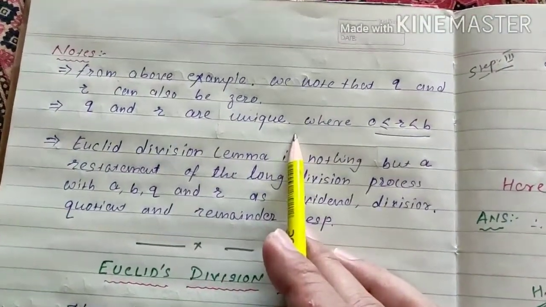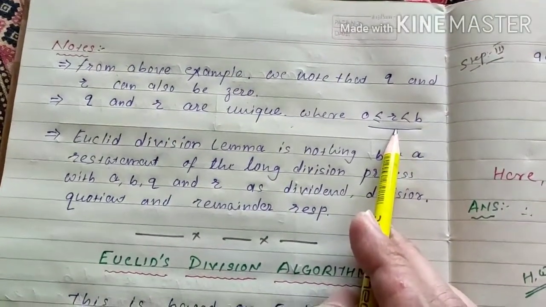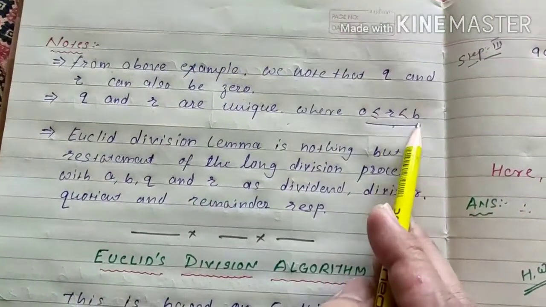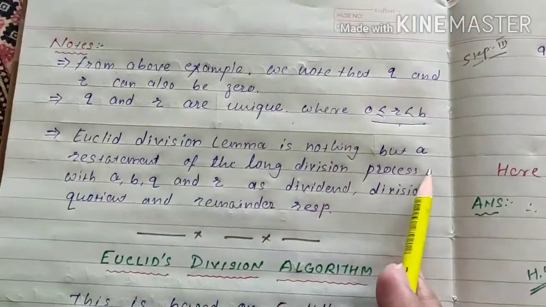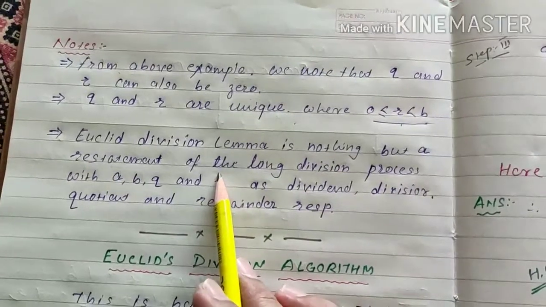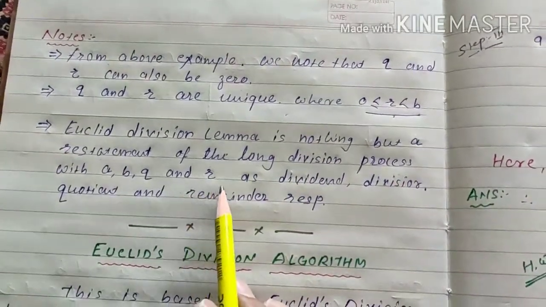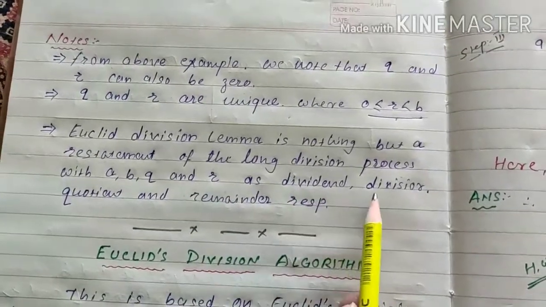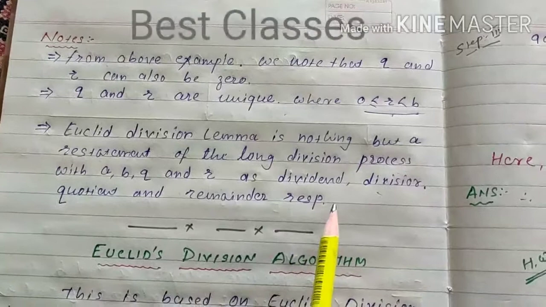Unique means one and only one, where the condition as usual, r is greater than or equal to 0 but less than b. Euclid division lemma is nothing but a restatement of the long division process with a, b, q and r as dividend, divisor, quotient and remainder respectively.